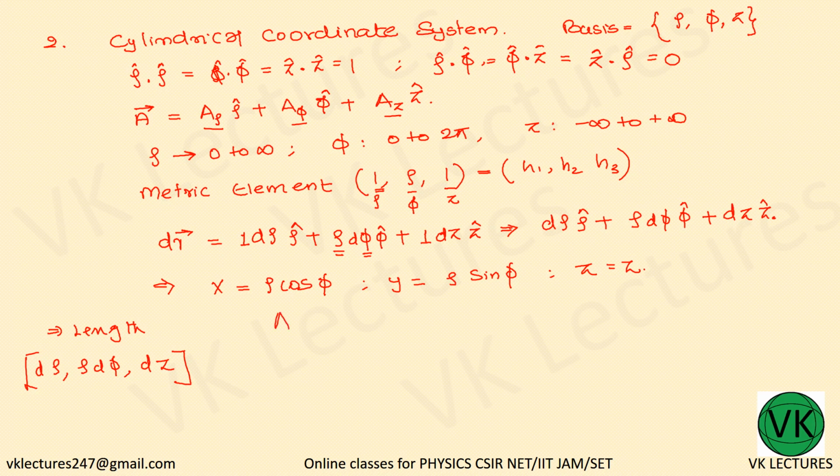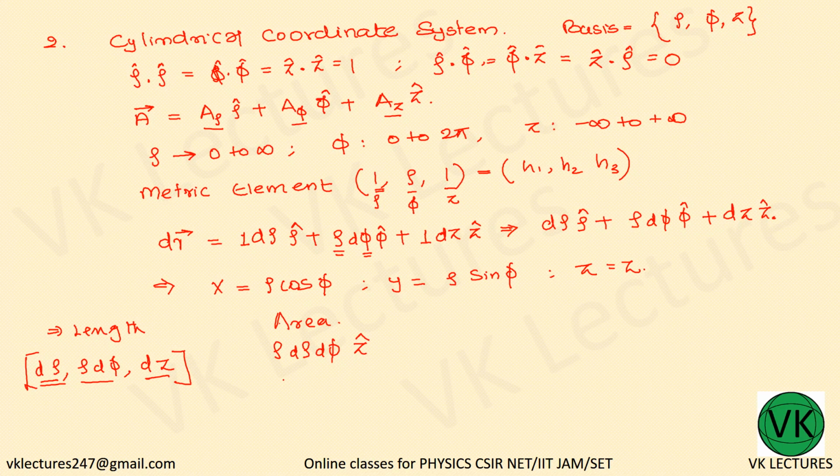Now the area element is just the product of two, so it is d rho into rho d phi, so it is rho d rho d phi. The second one is just multiplying d rho with dz, and you have to also write down the vector, that is z cap.